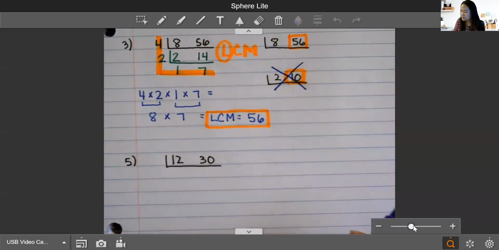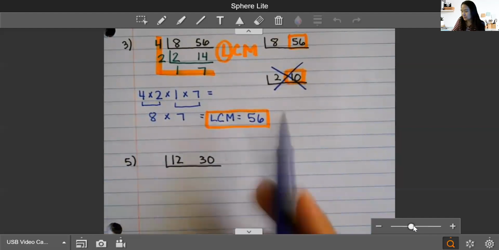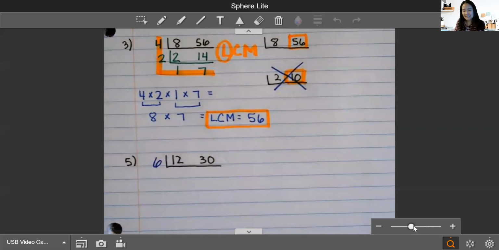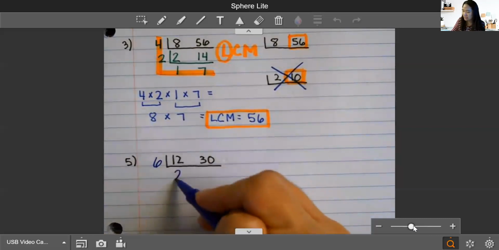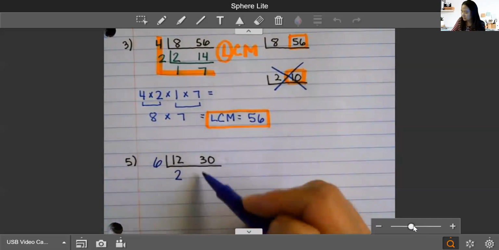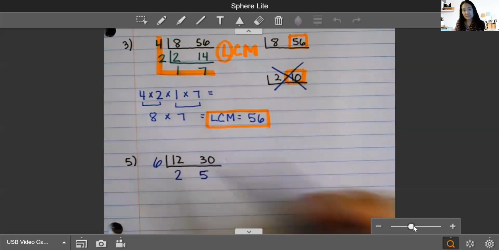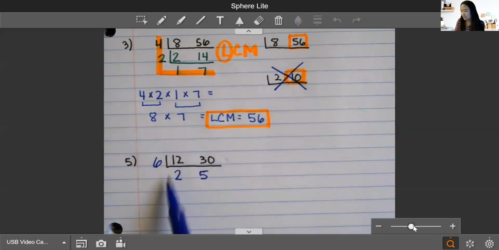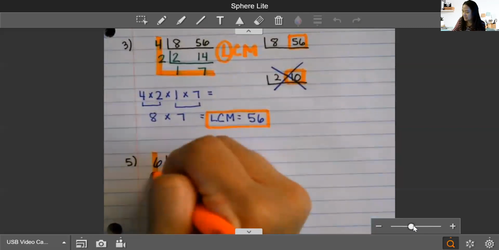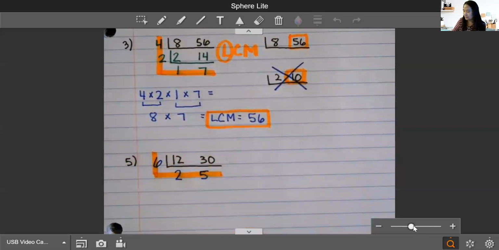This time I'm going to use a larger common factor, such as, you could start with 2, 3, but also 6. 6 goes into 12 2 times, and 6 goes into 30 5 times. Notice there's no other common factor, so I need to stop right there, and multiply my side and the bottom.